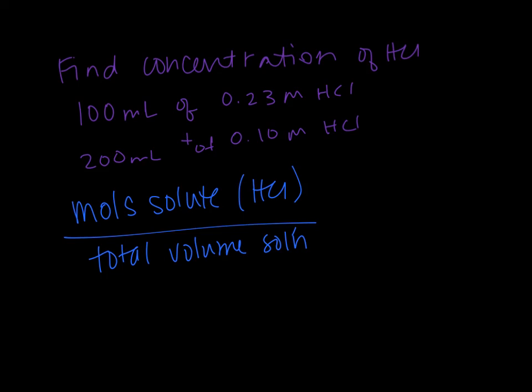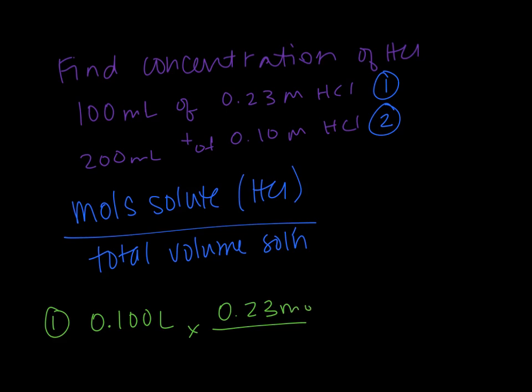So the first thing I'm going to do, I'm going to label this as solution 1 and this one as solution 2. So in solution 1, I have 0.100 liters of solution, and there's 0.23 moles of this solution in every liter. So that's going to cancel out. So 0.1 times 0.23 is 0.023 moles of HCl.